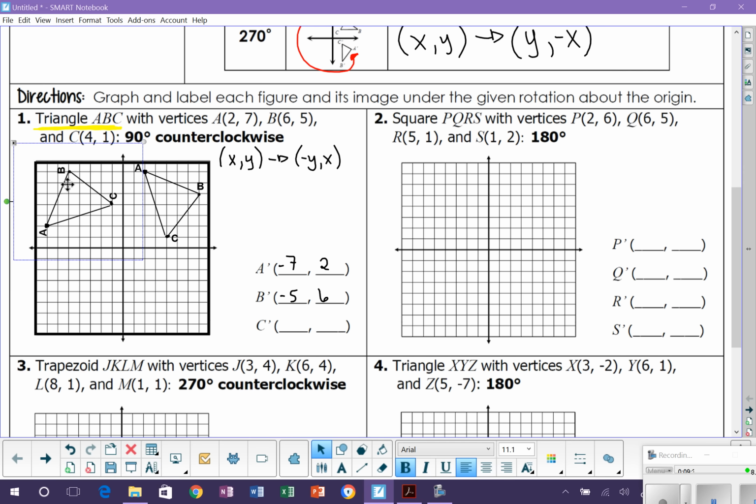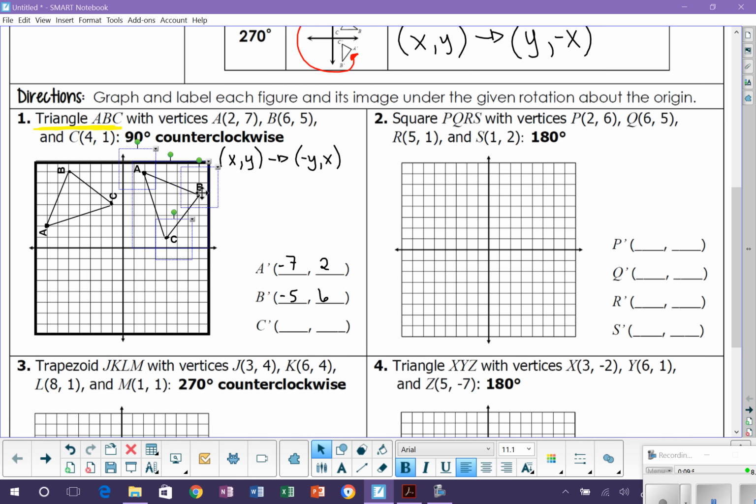Should be down here. That doesn't make sense. Ah, because I went 7. That's why. I went over to the 7. So this right here, this B, I graphed it wrong in the beginning.